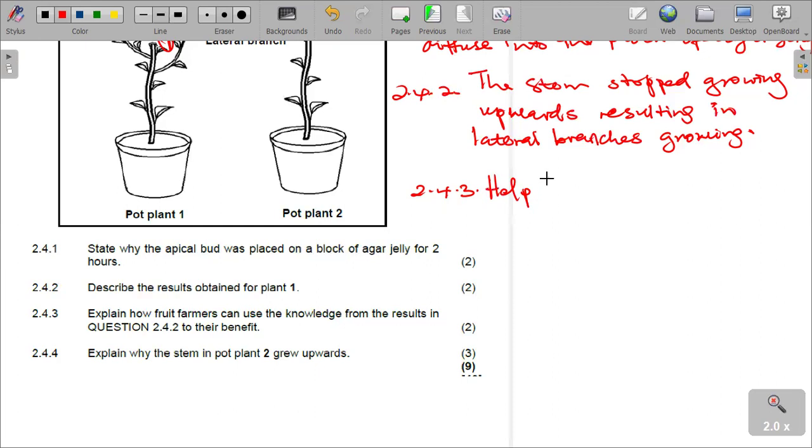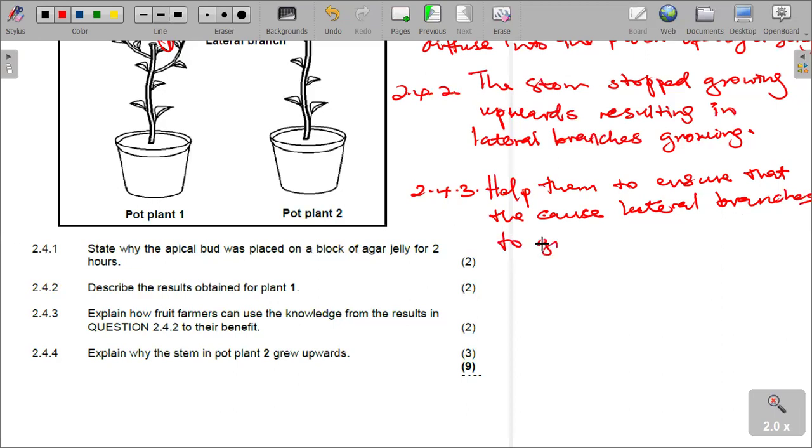It helps them to ensure that they cause lateral branches to grow so as to increase their yields.